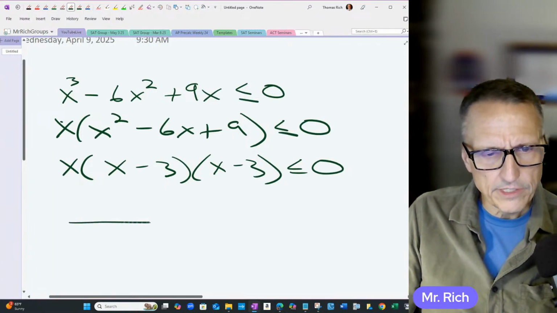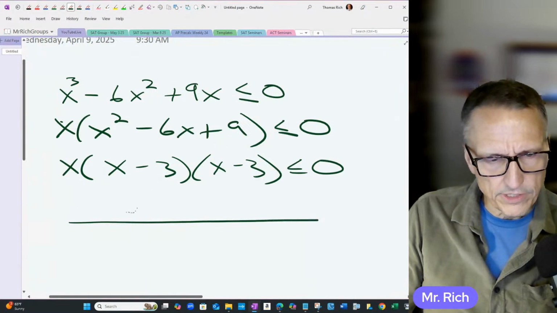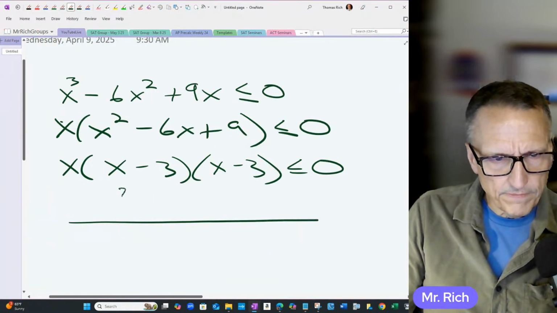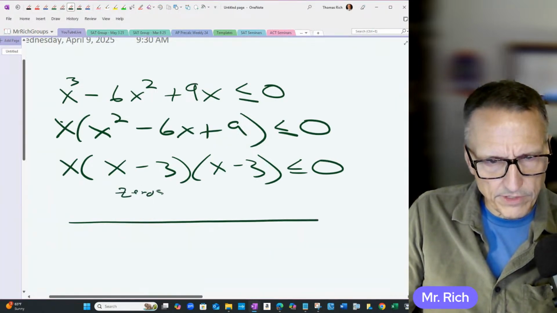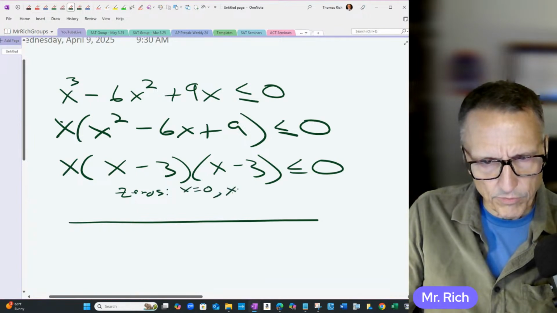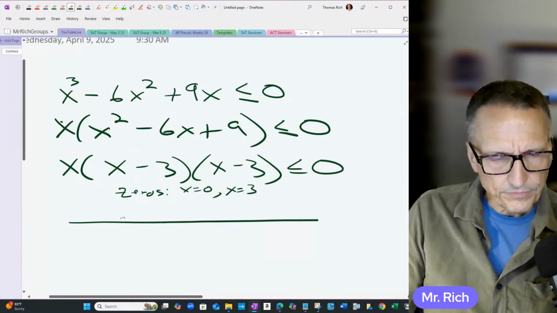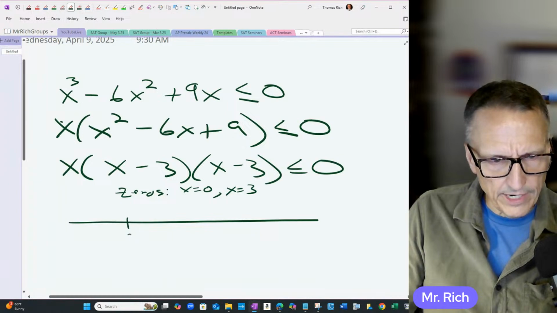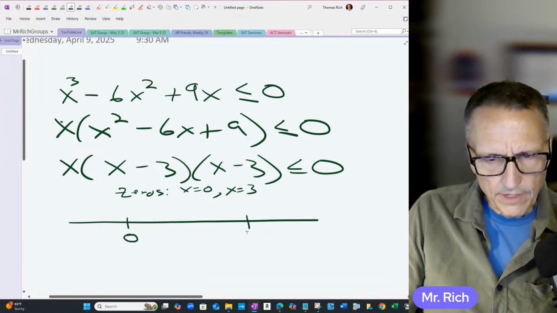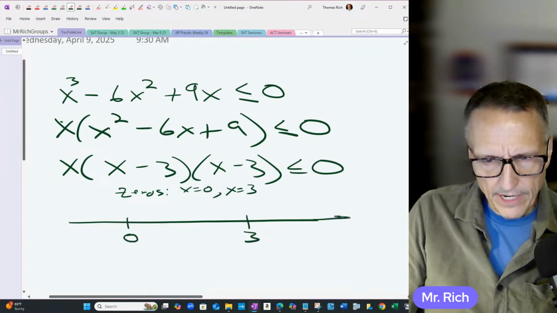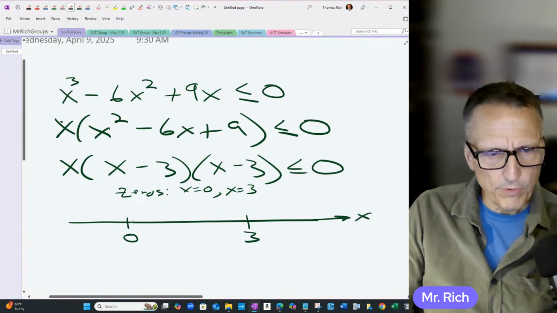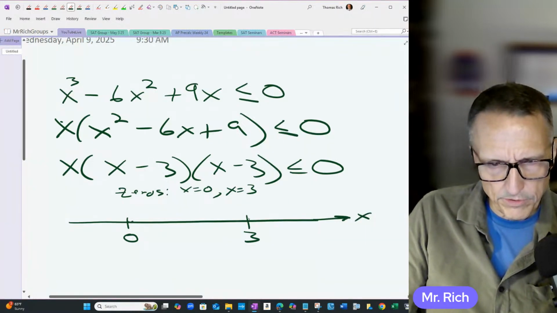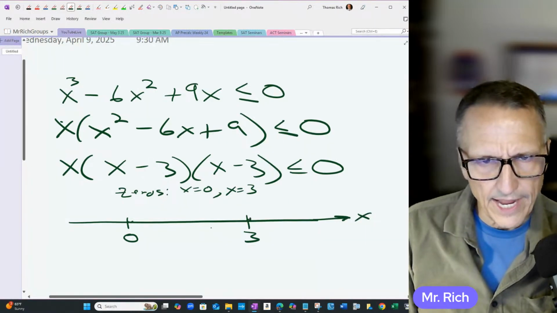for which we have zeros on this polynomial. And I'm going to show you several ways to approach this. Let's write down the zeros here. So the zeros are going to be at x equals 0 and x equals 3. One of the ways that you can analyze this is looking at my x-axis, and those are points where the polynomial is going to be touching the x-axis.